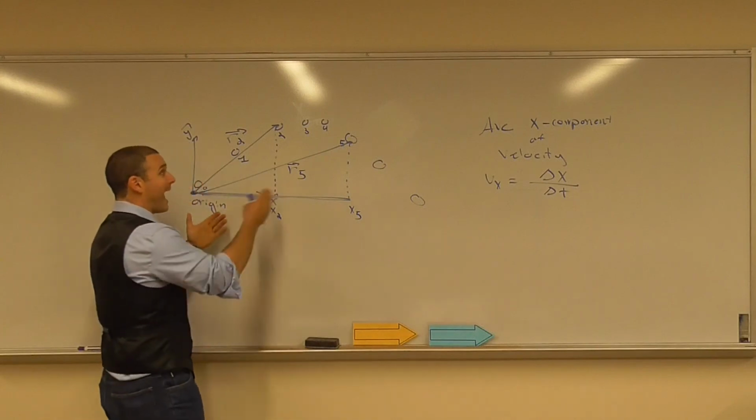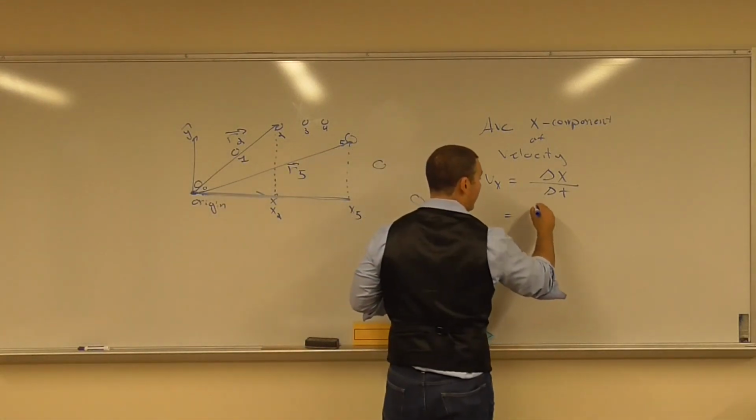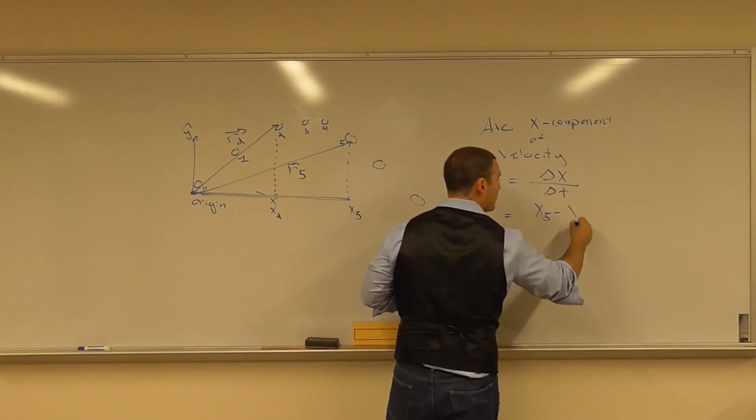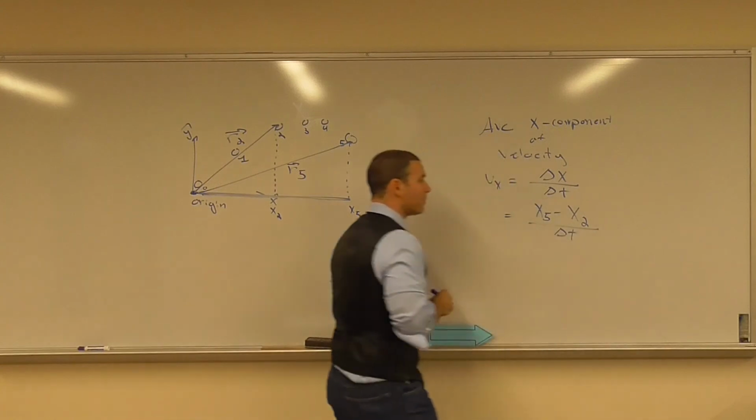So if I want to know what my average velocity was between these two points, this would be my final, x5, minus my initial, x2, divided by whatever that time interval is.